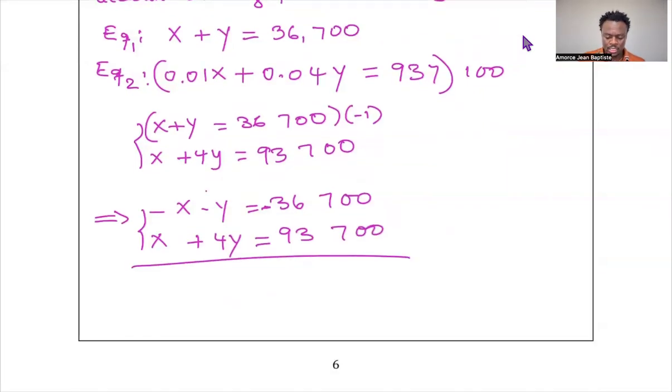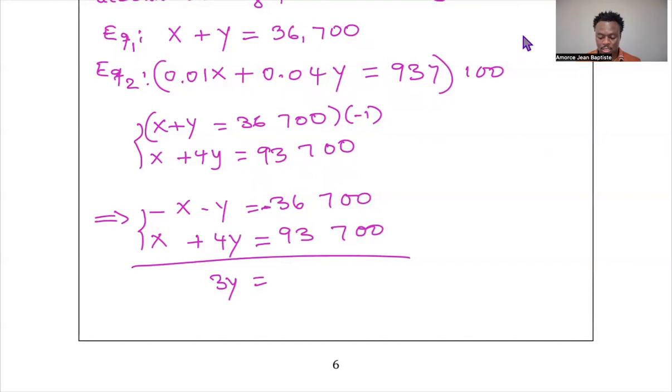So x is gone if you add, and then we're left with 3y equals 93,700 minus 36,700.